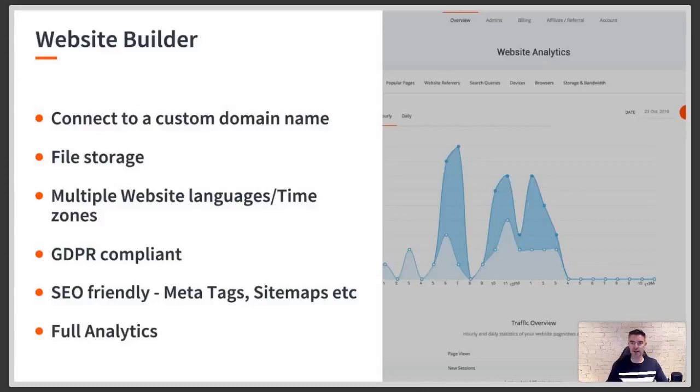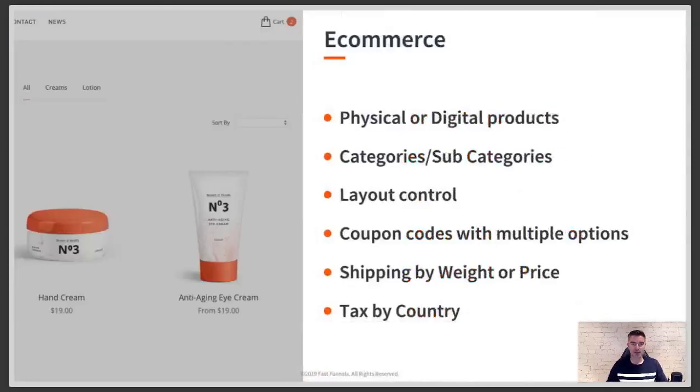Other brilliant things that we can do. E-commerce. So what happens with the existing funnel building solutions that are out there? The problem is this. You can usually create like a product, but you can't add them all to the basket and then check out. And that's the problem. With Fast Funnels, you've got the option.